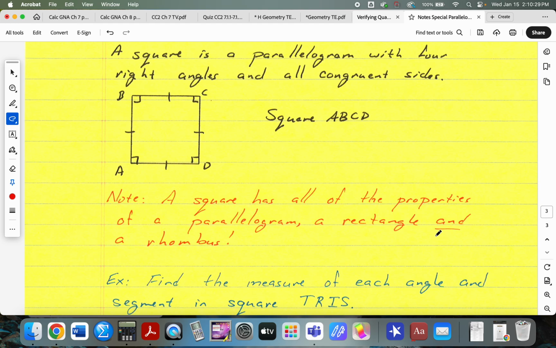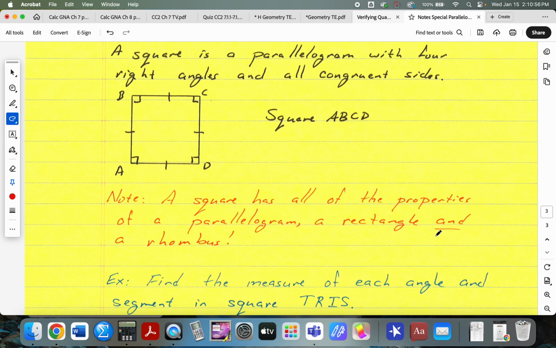It is, because all the sides are equal, but if all the sides are equal and all the angles are equal, if it's both, what is it? This word, at least, will show up on your quiz on Friday. It's regular. This is a regular polygon. All the sides are congruent and all the angles are congruent.